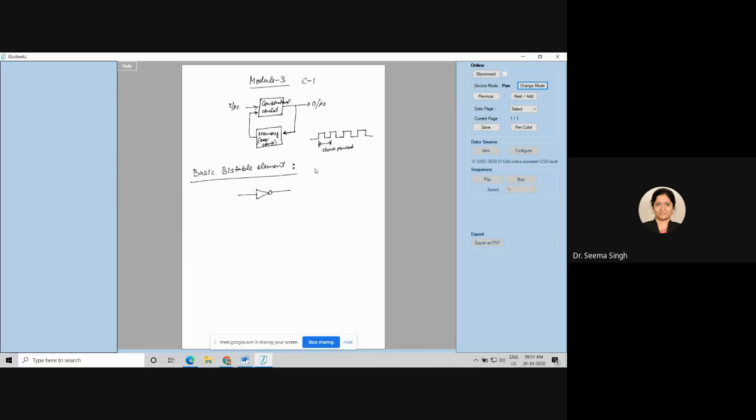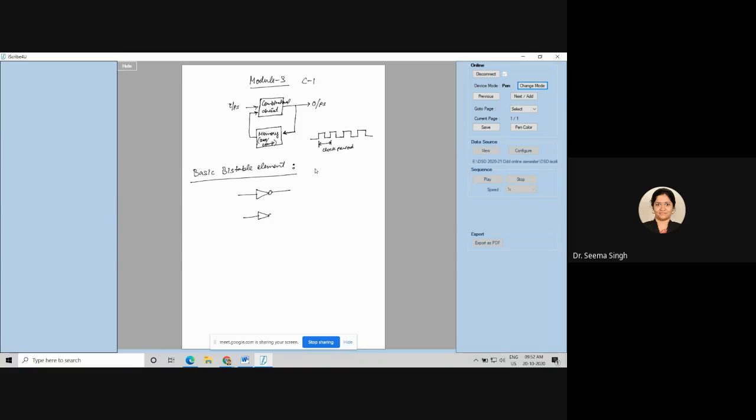So either it will be at logic 0 or it will be at logic 1. A memory can store logic 0 or it can store logic 1, so it will have only two states to be stored. That is why we say bistable element. Bistable means it will have two stable states, either logic 0 or logic 1.